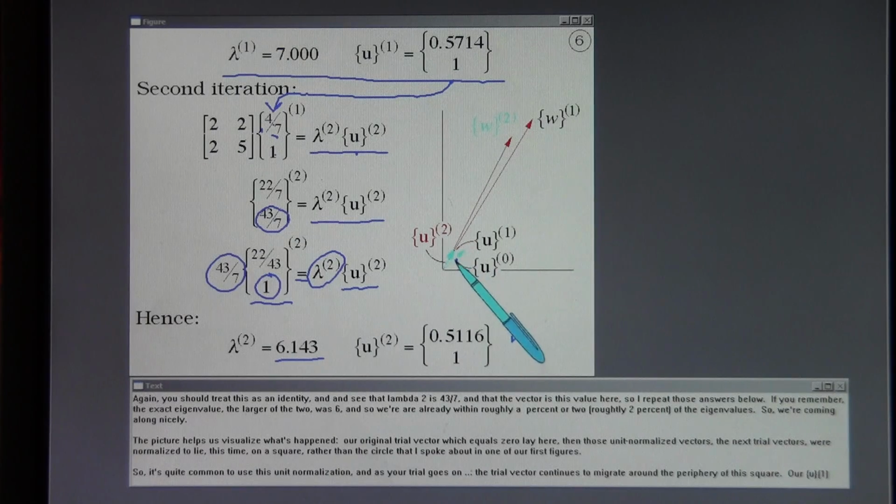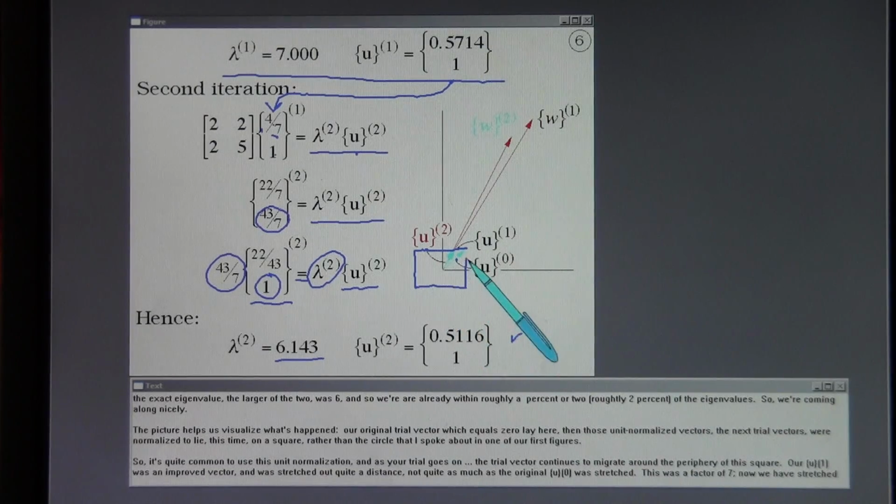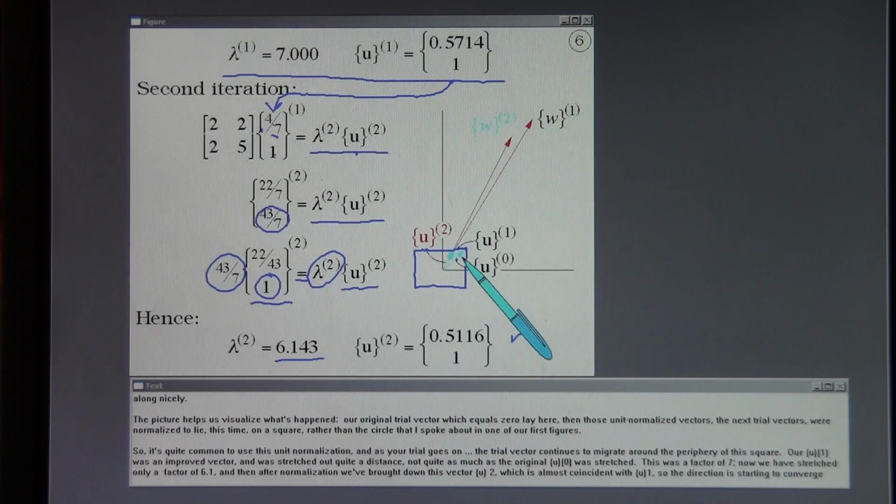Then those unit normalized vectors, the next trial vectors, were normalized to lie this time on a square rather than the circle that I spoke about in one of our first figures. So it's quite common to use this unit normalization. And as your trial goes on, then the trial vector continues to migrate around the periphery of this square.